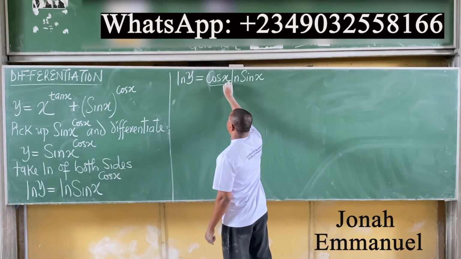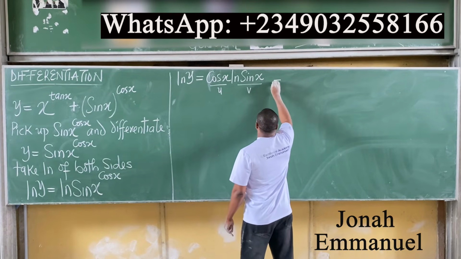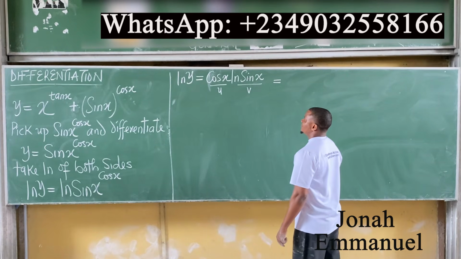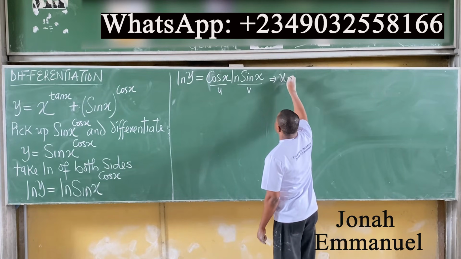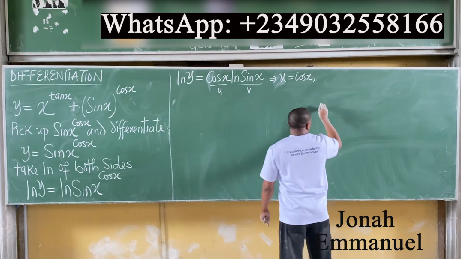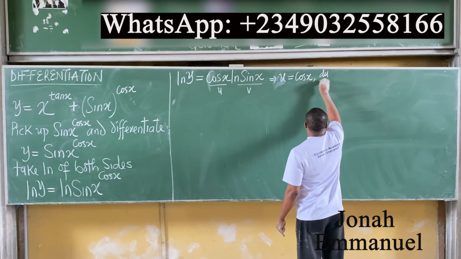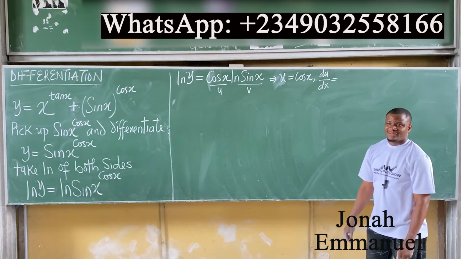This will be product rule. This is u, this is v. Please observe this. u is equal to cos x. What is du/dx? Differentiate cos x. What do you get?